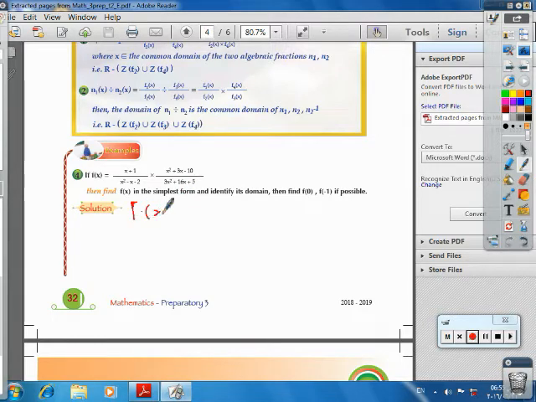First, x equals (x plus 1) over (x minus 2)(x plus 1).